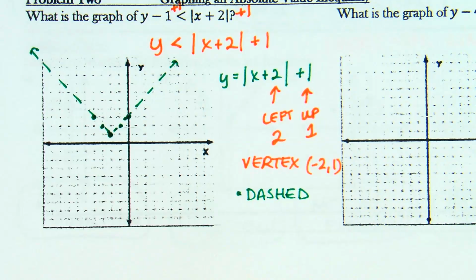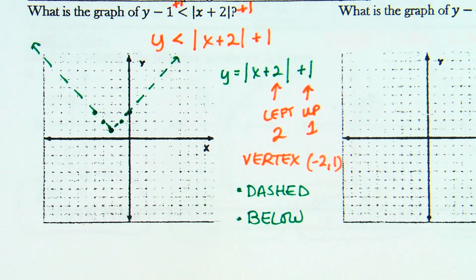And then, am I going to shade above or below? Below. Why below? It's a less than sign. We're going to shade below because it's a less than sign. Now, on this particular V, where is below the V? Everything right underneath the V, and up the side of the V. Okay, how about outside of the V maybe?